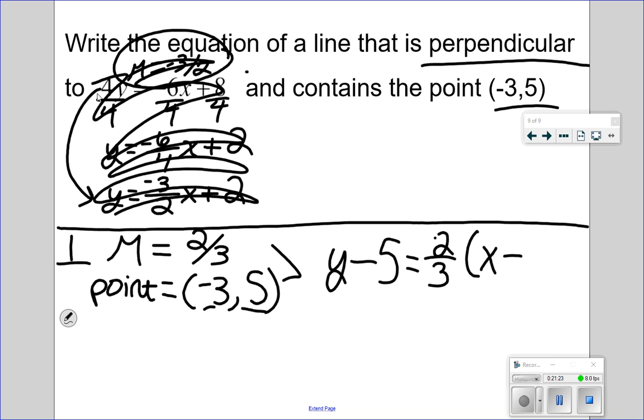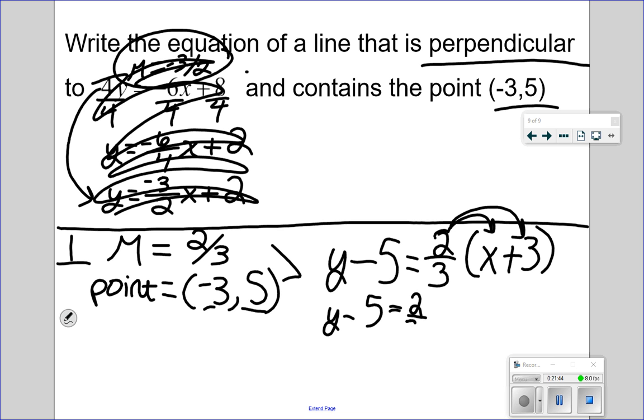So that ends up being x minus a -3, which is +3. In point-slope form, remember, you're always plugging it in with the opposite sign that you would normally expect. And now all we have to do is isolate y. So I'm going to distribute 2/3 to everything.